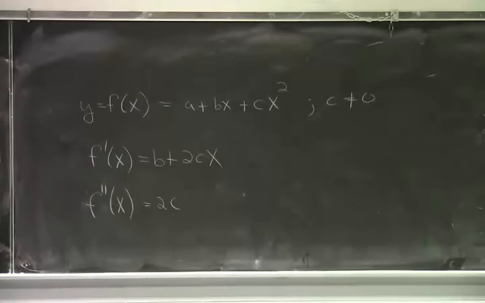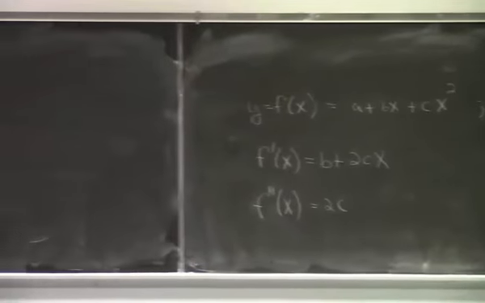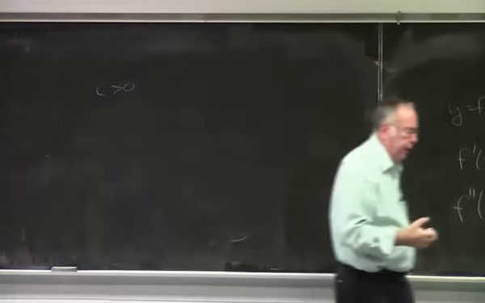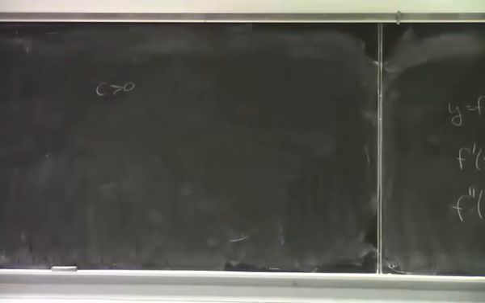Now, how would you describe the meaning of that in words? What does that mean if the second derivative is positive? Recall that the derivative is the point slope. It's the rate of change of y with respect to x.